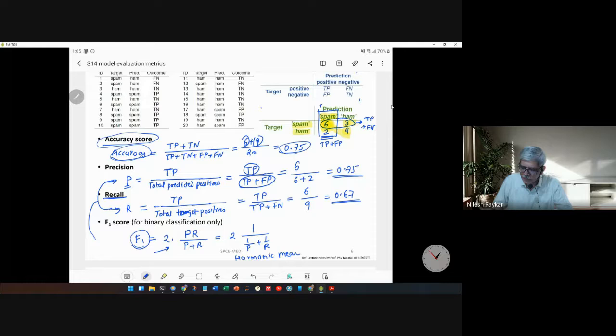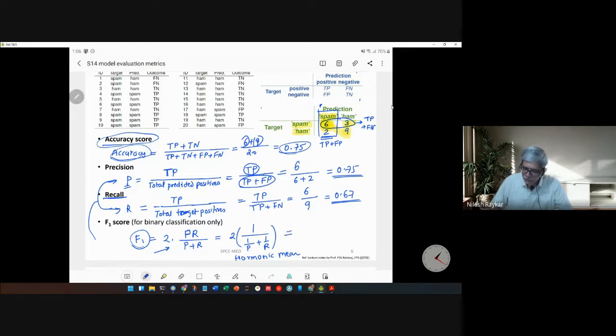If you have 2 numbers, their harmonic mean is given by this particular formula. F1 score is something in between precision and recall. You are interested in the reliability of your model as well as getting as many correct positives as possible. If your interest is in both, then you can use F1 score as a compromise between the 2 scores.